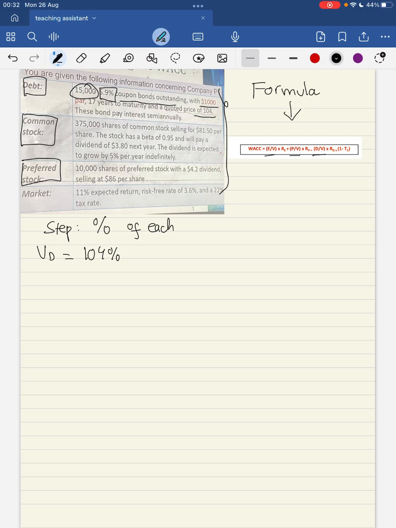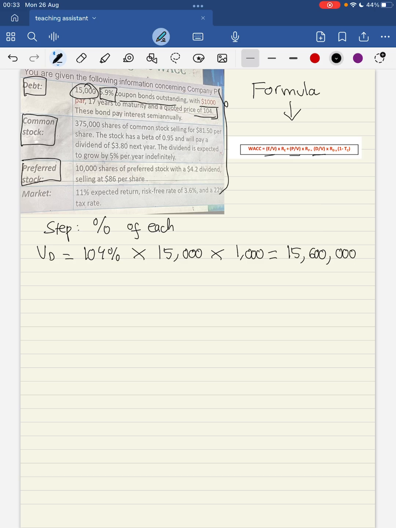Remember, I have told you many times in the previous video, the quoted price 104 represents 104%, not $104. Then we multiply by the amount of bonds that the company has, which is 15,000 bonds. Finally, we multiply by the par value of $1,000. Therefore, the debt will be equal to $15.6 million.